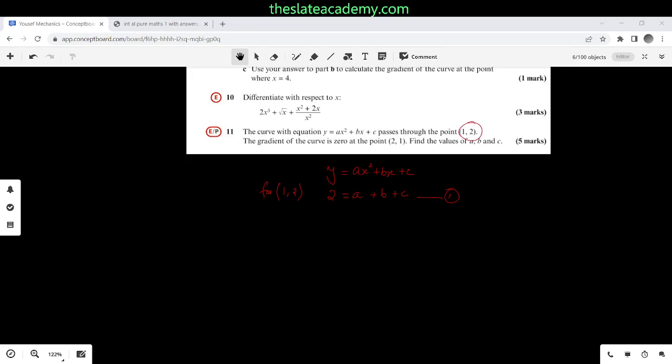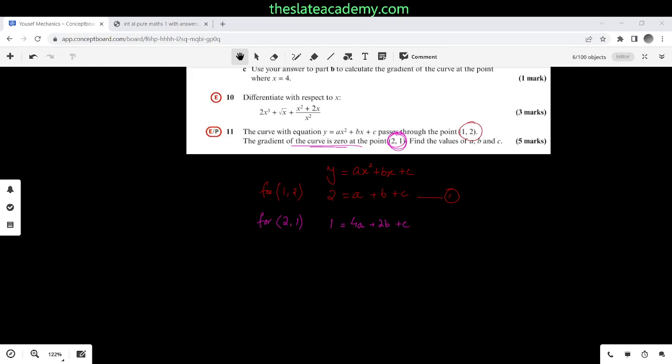Then I am told that the gradient of the curve is 0 at the point 2 comma 1. If it becomes 0 at this point, it means the curve is also passing through this point. So for the point 2 comma 1, I say 1 is equal to a into 2 squared, which becomes 4a, plus b into 2, which becomes 2b, plus c.